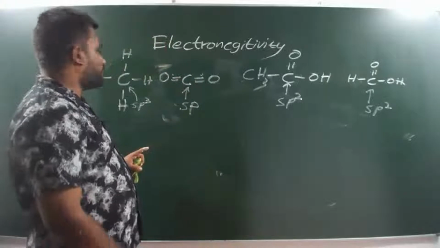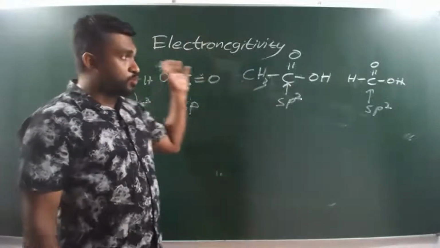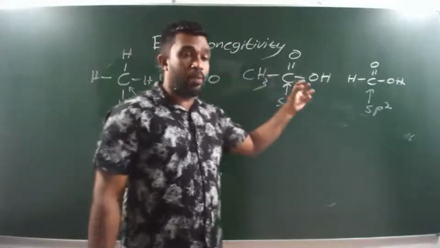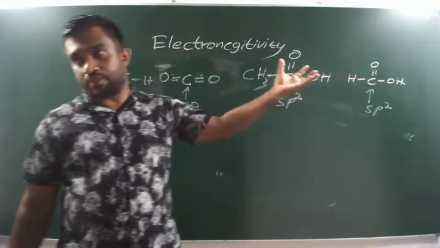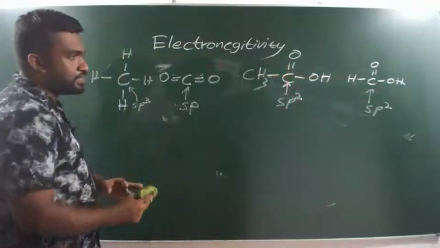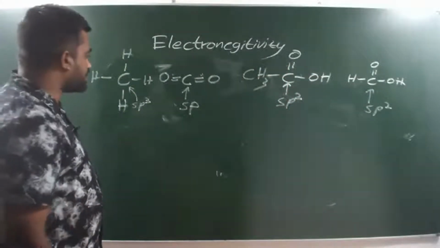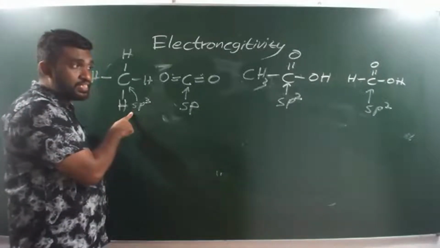Okay. So now, what is the process? Now we are going to determine which carbon in which molecule has higher electronegativity. So the first factor we should consider is hybridization. Considering hybridization, CH4 has sp3 hybridization, so the S percentage is 25%.